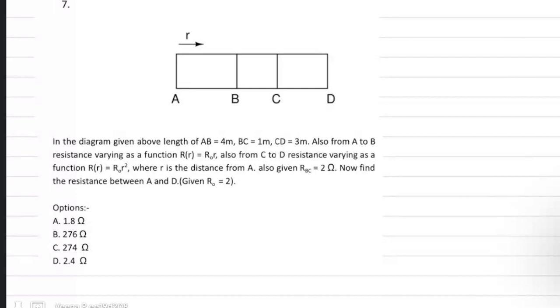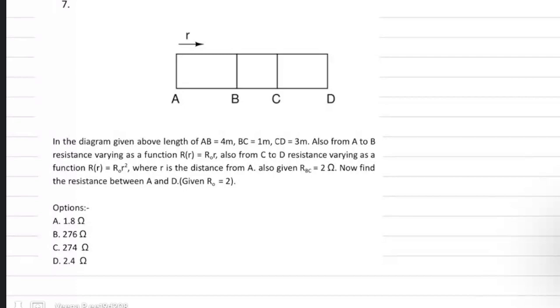So you have 3 sections. From A to B, the resistance varies as a function R naught r. From B to C, the resistance value is 2 ohm. From C to D, the resistance varies as a function of R naught into r square.